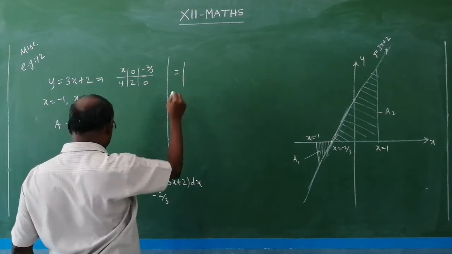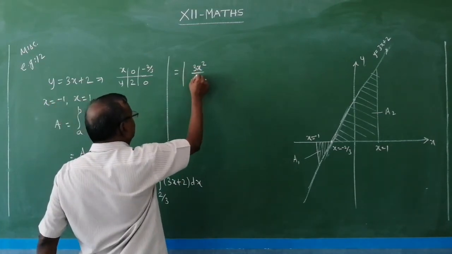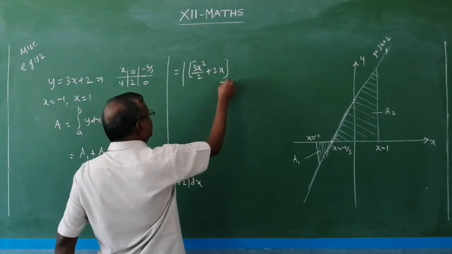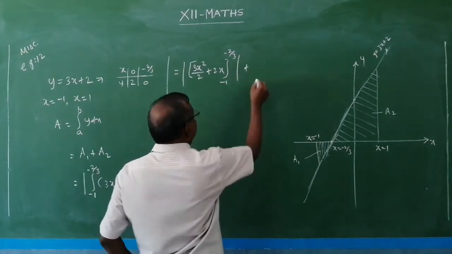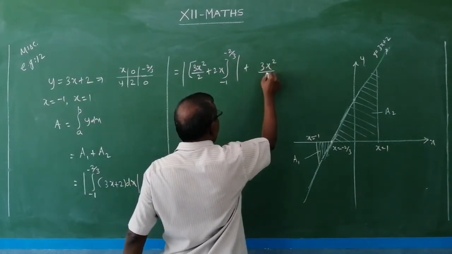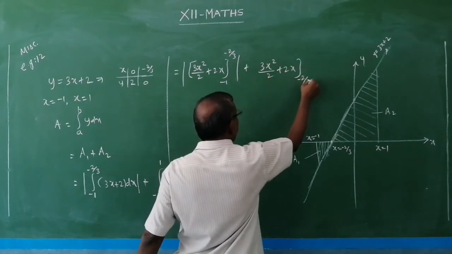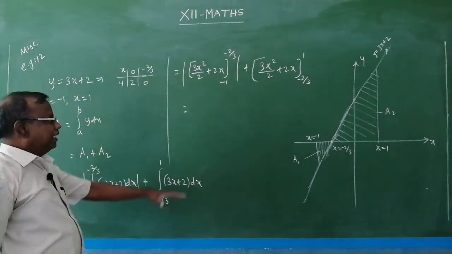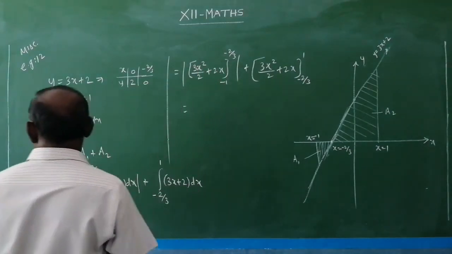First one is modulus of 3x square by 2 plus 2x from -1 to -2 by 3, and plus 3x square by 2 plus 2x from -2 by 3 to 1. I hope you can do the remaining part and substitute the values, you will be getting the answer.